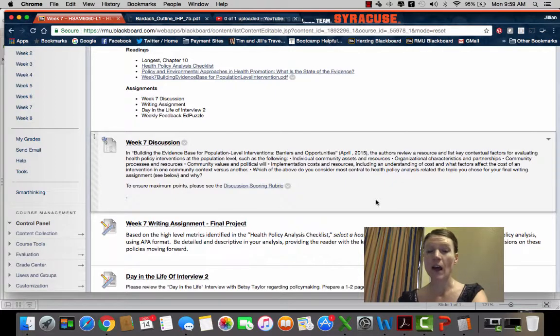Unfortunately, that program doesn't have a lot of cash, but it still is really effective. So to be effective, you don't have to have a lot of cash. You're going to be more effective if you can get more, but the most key contextual factor for that program was community processes, getting the community engaged, and hopefully that will lead to some of the others. They're not definitely one or the other, but hopefully the one will lead to the other. Just some interesting points there.